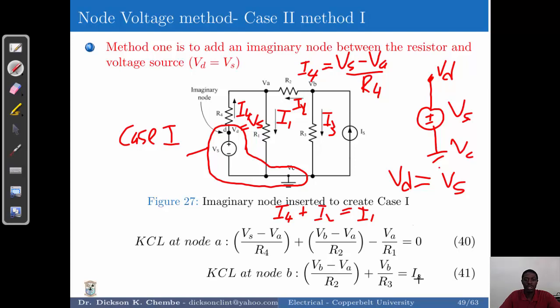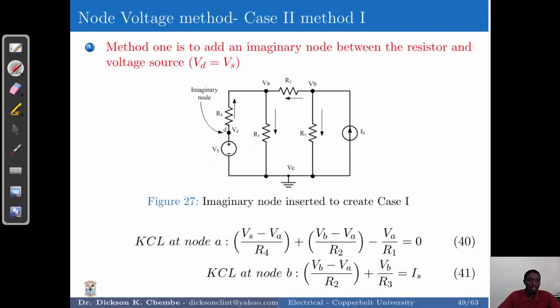And the equations have been formulated. If I can go through this one again, this is I2, I3 and Is. So KCL at node B is I2 plus I3 equal to Is.